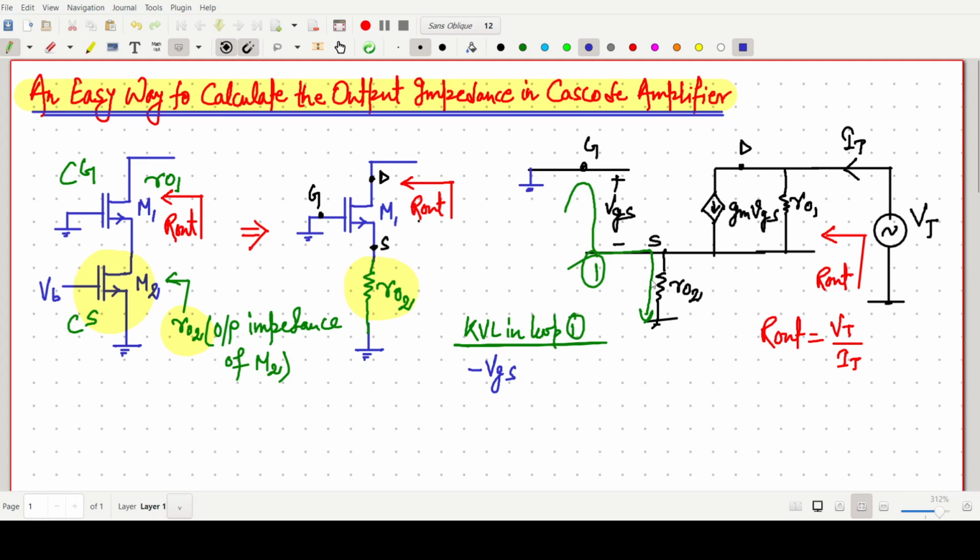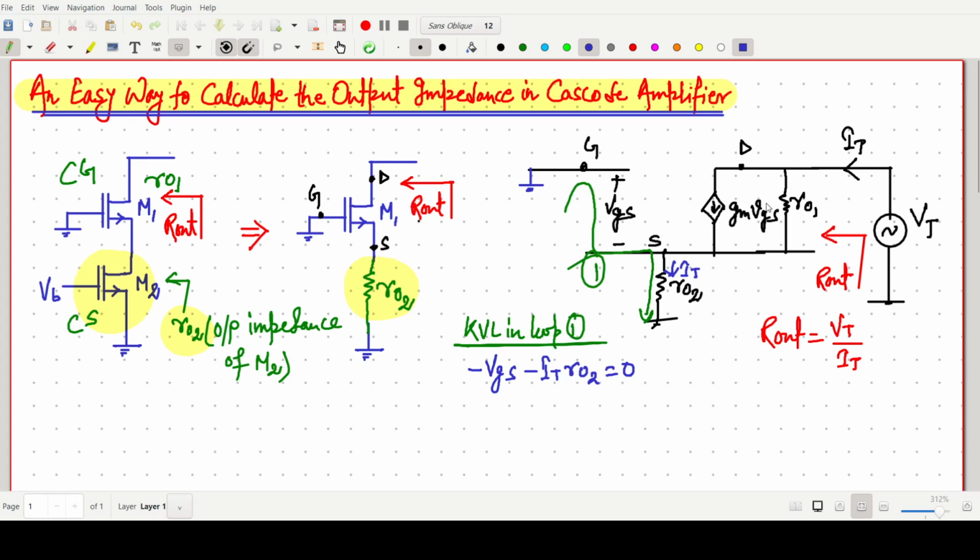So minus VGS, and the current It is going, so the same current It will flow in this one. So it should be minus VGS minus It r02 equals 0.